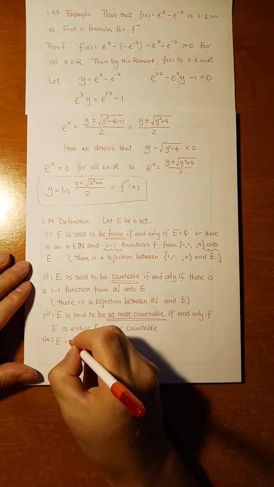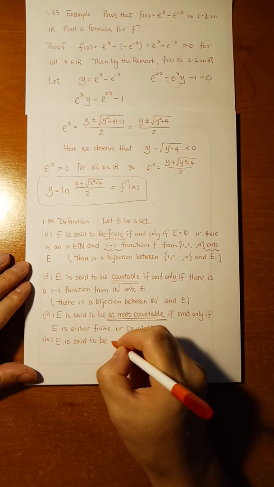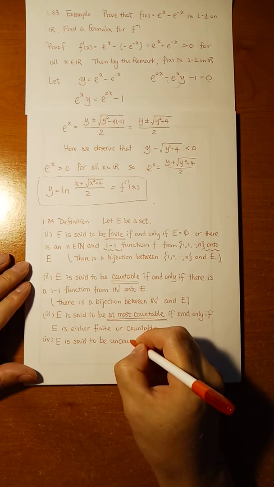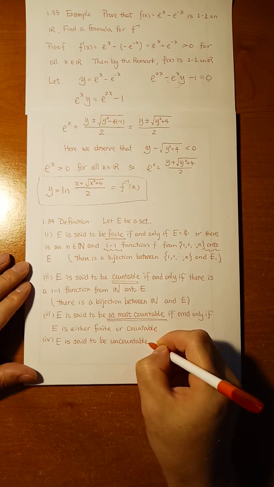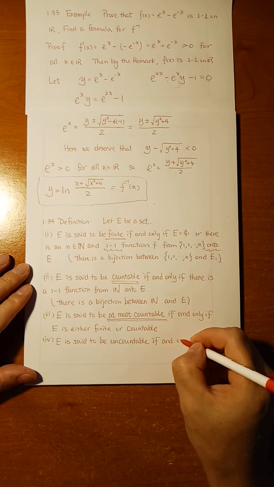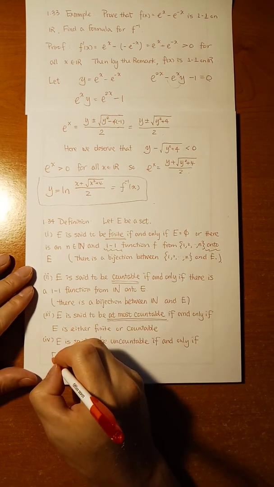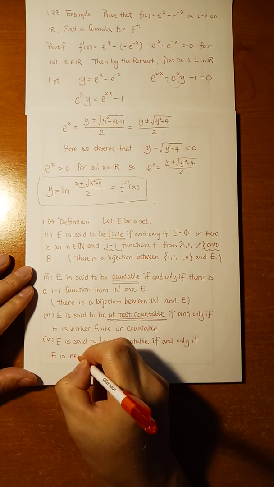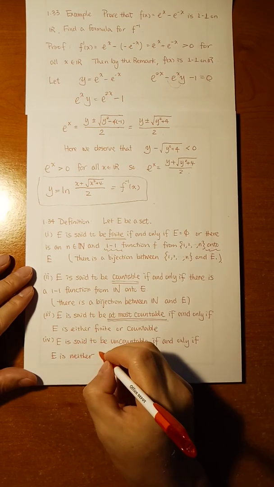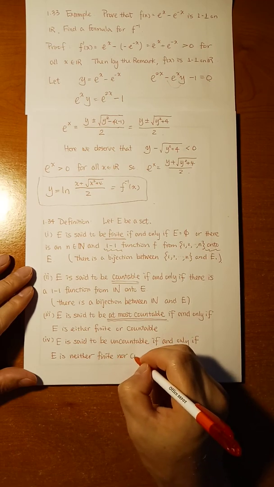E is said to be uncountable if and only if E is neither finite nor countable.